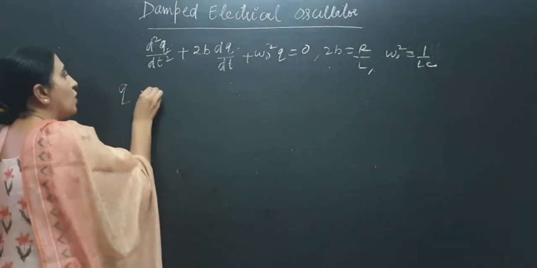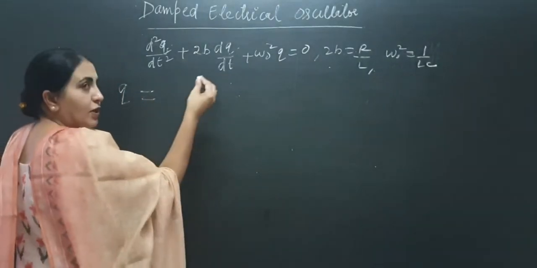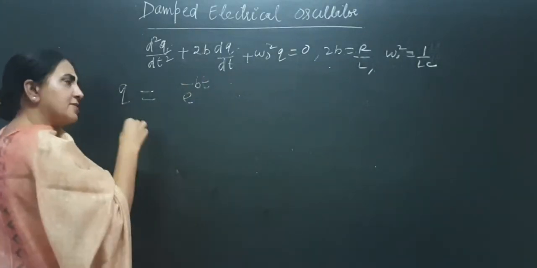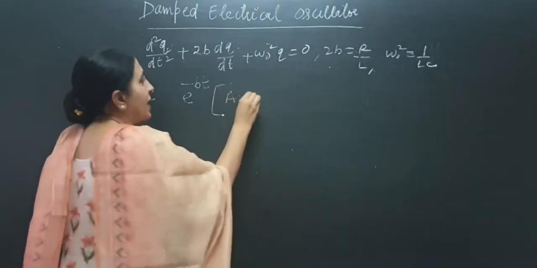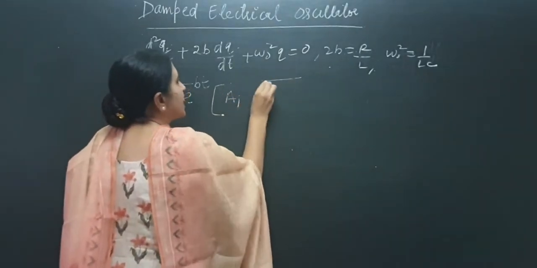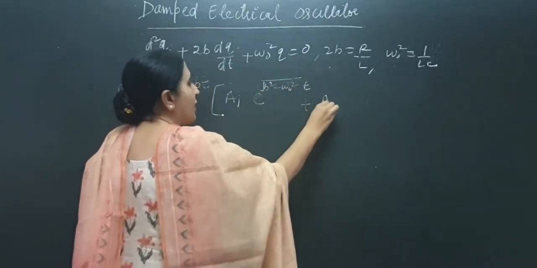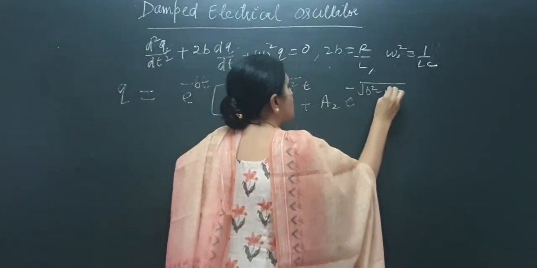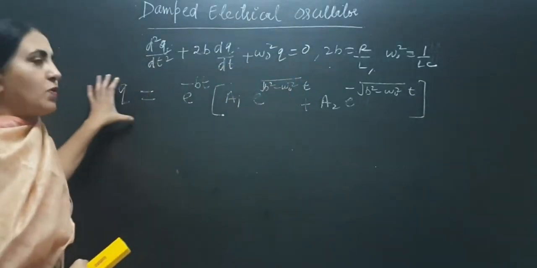Q is equal to e raised to power minus bt, times, in a bracket, a1 e raised to power root of b square minus omega naught square, times t, plus a2 e raised to power minus root of b square minus omega naught square, times t, bracket closed. Same equation.